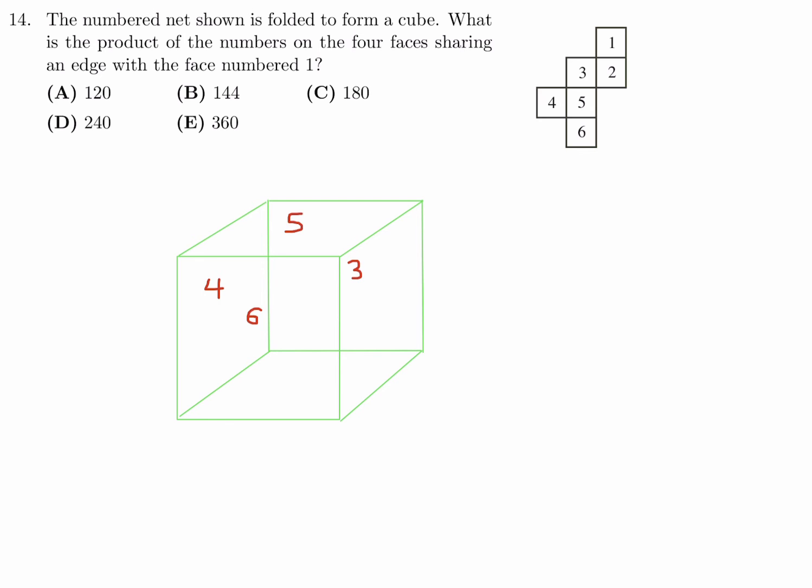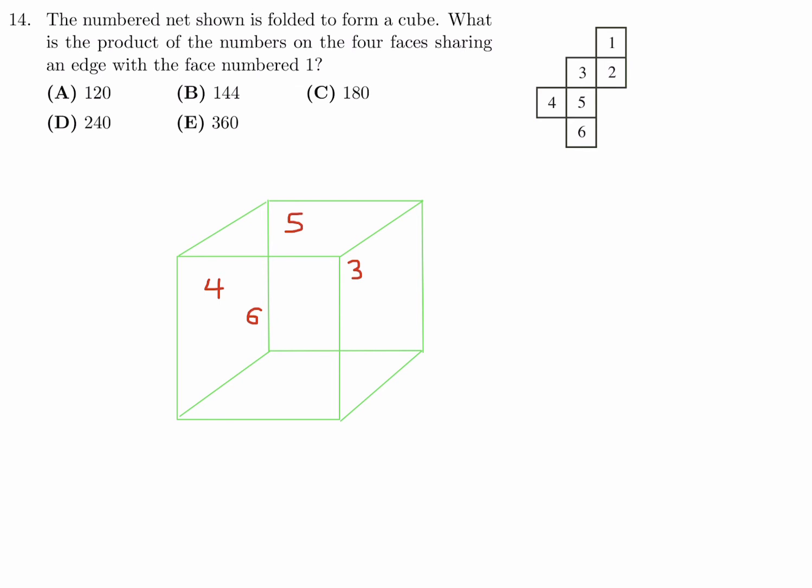And then now I think it gets a little bit, not necessarily difficult, but a little bit of visualization requirement. When you bring the 2 down, this one right here, it will be on the same plane as the 3.